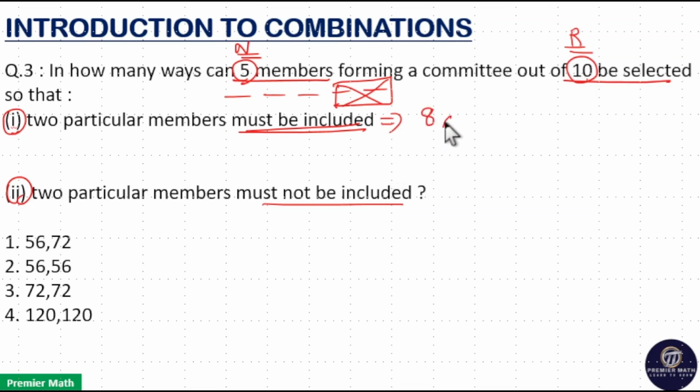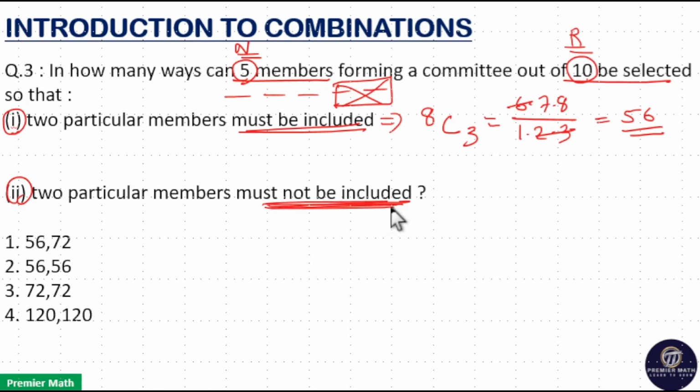So out of these 8, we have to select 3 people. So 8C3 is your answer. 8 minus 3 is 5 factorial, cancel. Remaining is 6, 7, 8 and denominator 3 factorial. 2 into 3, 6 cancel. 7 into 8, 56.